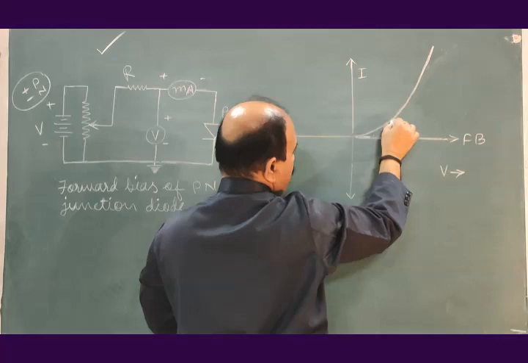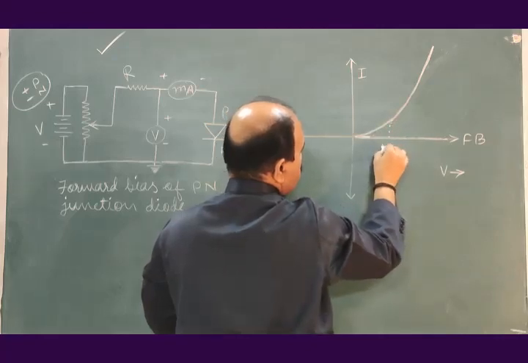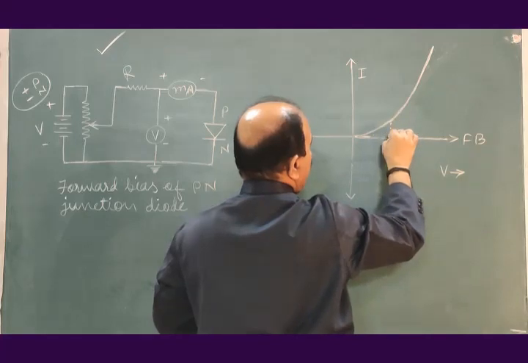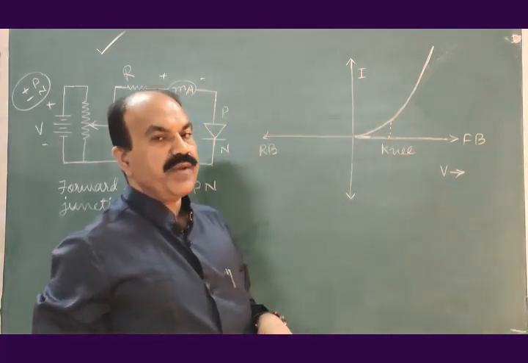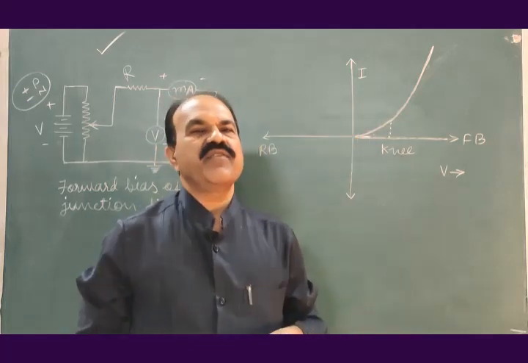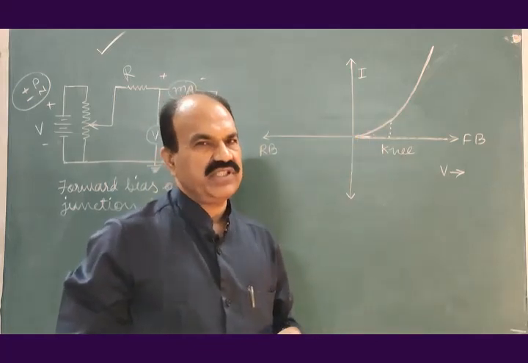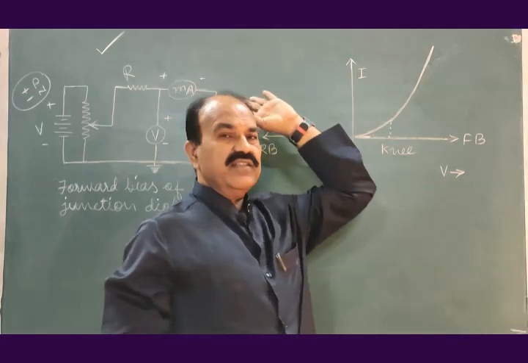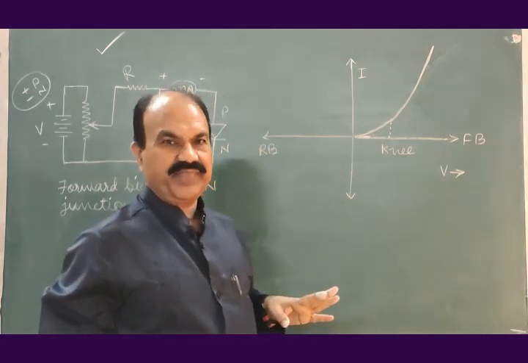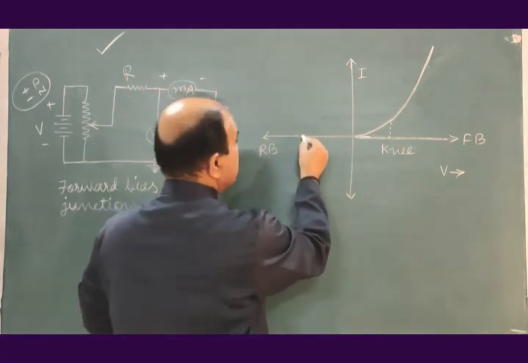The potential here is known as knee potential or knee voltage. It is the voltage in forward bias provided to the diode from where the current rises very rapidly. What about reverse bias?